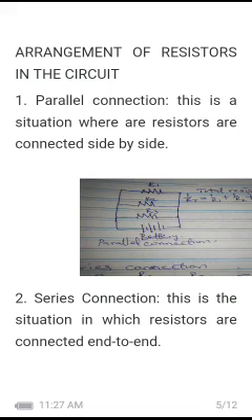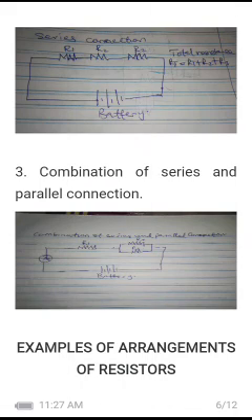We have series connection. This is the situation in which resistors are connected end to end. As you see in the next picture, you see the series connection and the way they were arranged in the circuit: R1, R2, R3. At the lower part, you have your battery connected to it.